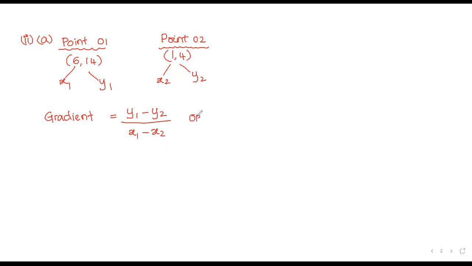Maybe you have used y2 minus y1 divided by x2 minus x1, right? So both of them are okay. The main thing, either you are taking y1 minus y2 or y2 minus y1, that is not the problem. If you are taking y1 minus y2, the denominator definitely should be x1 minus x2. If you are taking y2 minus y1, the denominator should be x2 minus x1.